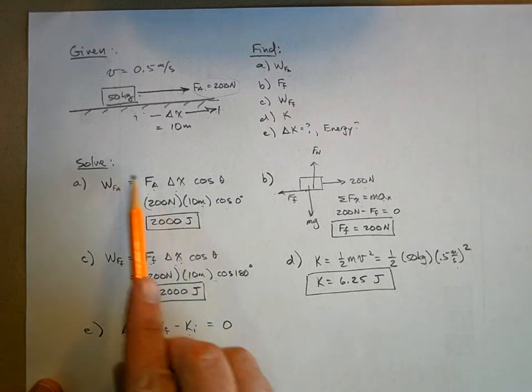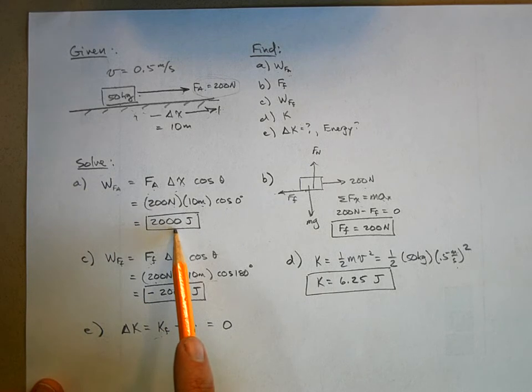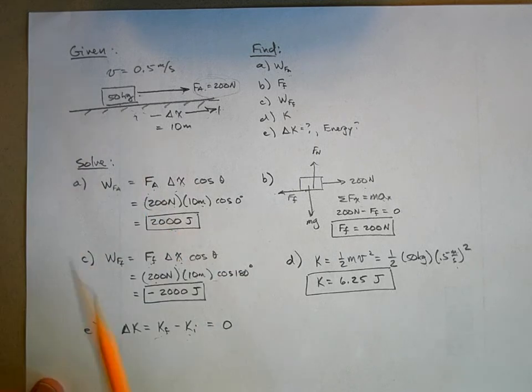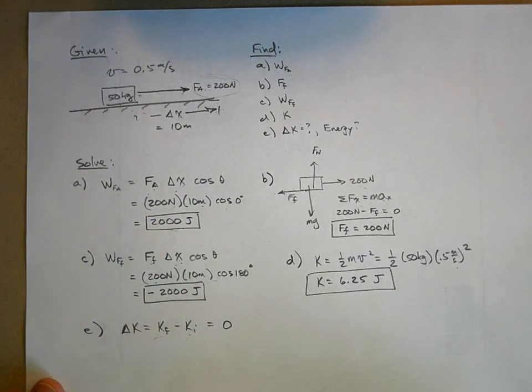So this represents the energy that the person pulling tried to transfer into the crate. He or she tried to transfer 2,000 joules of energy into that crate. But how come this thing didn't go faster and faster? How come this work didn't result in more kinetic energy? Where did the energy go?